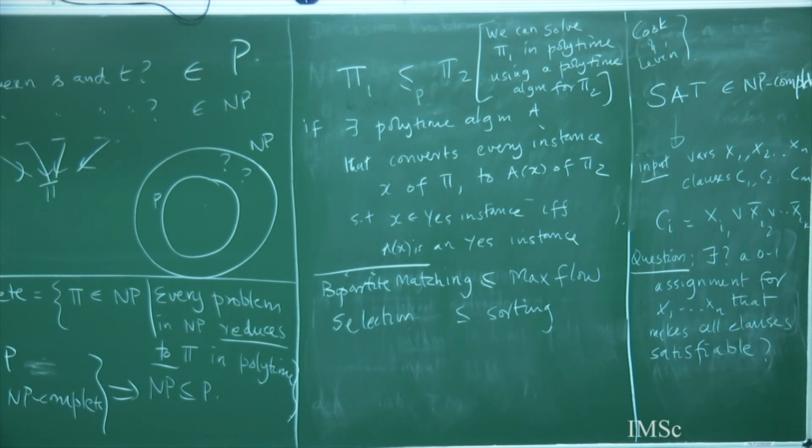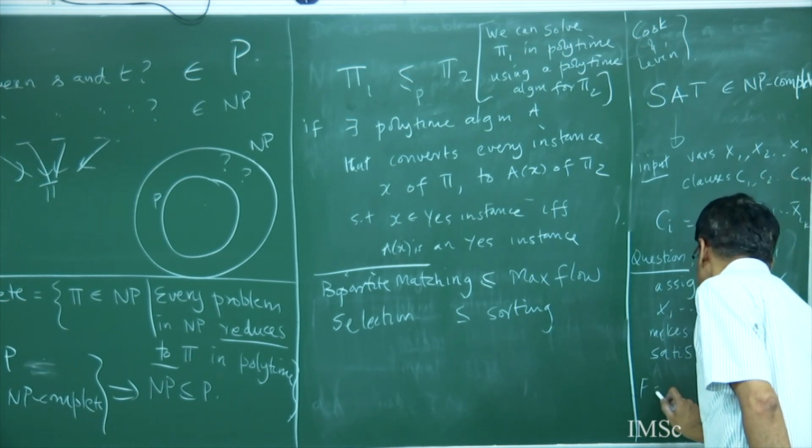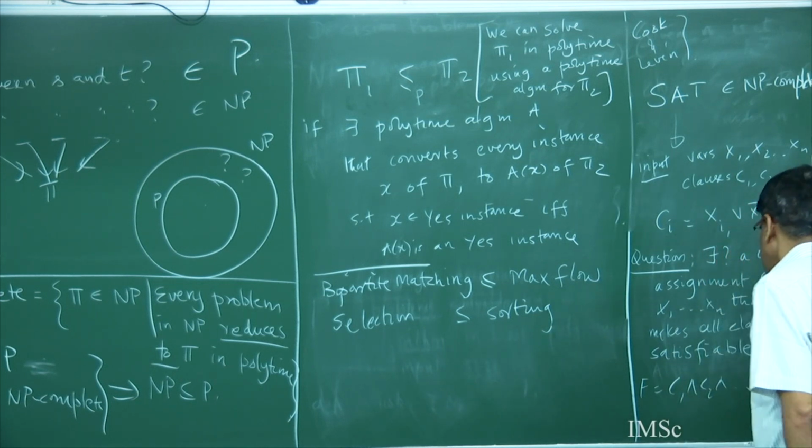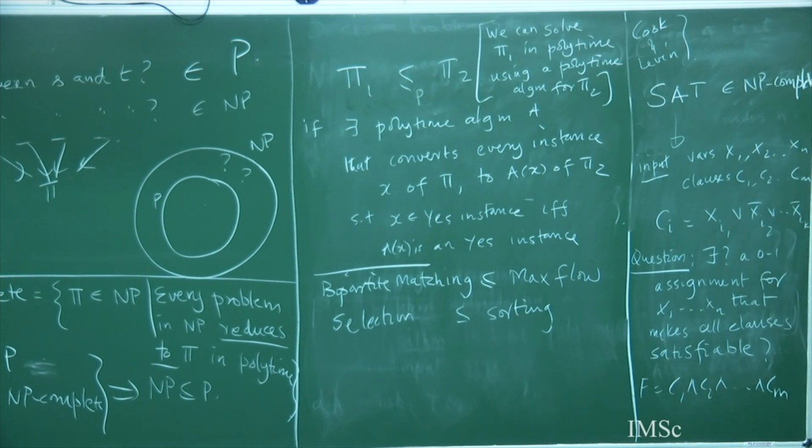Given such a formula, f is C1 and C2 and Cm. Is there a 0-1 assignment to the variables such that you can satisfy this formula? Okay, the real SAT problem they looked at was more general than that. They are not necessarily in what is called conjunctive normal form, but let us say it is in this form.